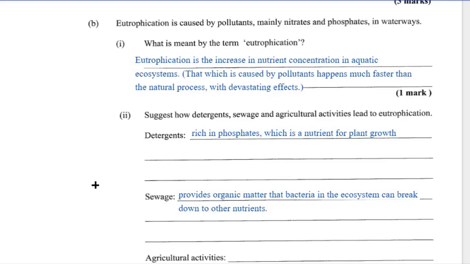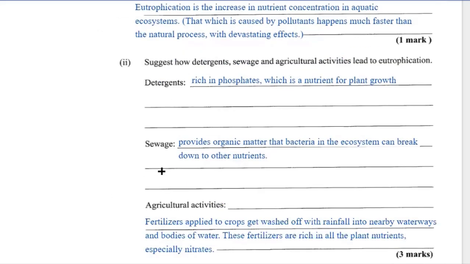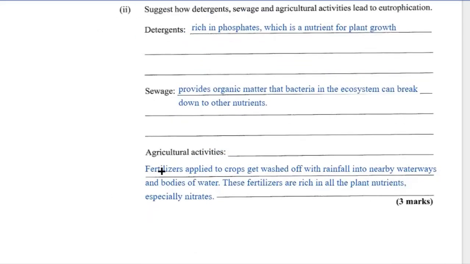And then we have the various chemicals. We have detergents, we have sewage, and we have agricultural activities. So we have detergents which are rich in phosphates, and phosphates are a nutrient for plant growth. So you basically cause a huge jump in the nutrient level in the water body. You have sewage, which provides a lot of organic matter.